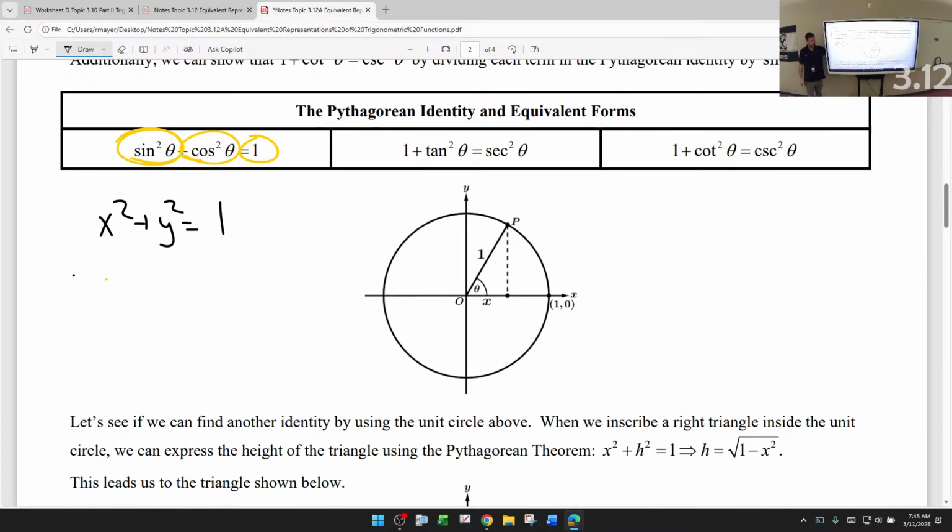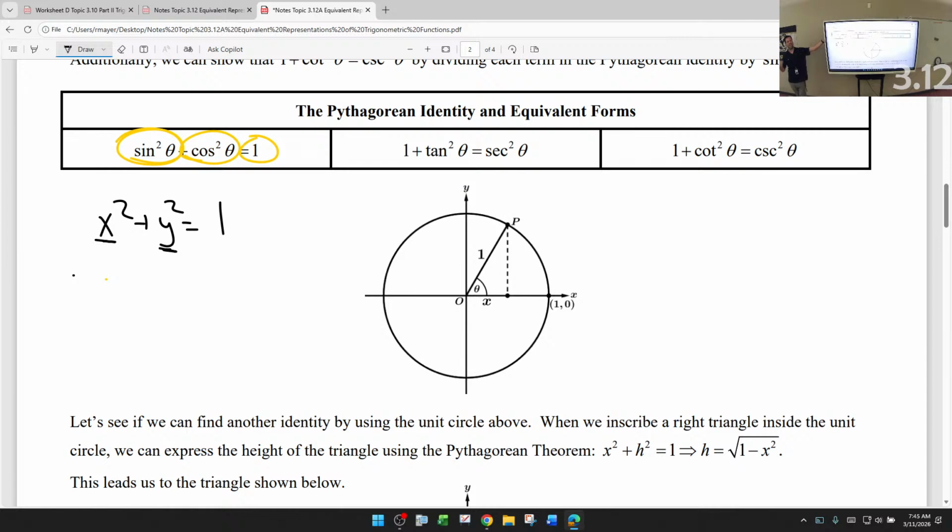Well, x goes with cosine, and y goes with sine. For some reason they put sine first instead of cosine, but it doesn't matter because addition is commutative. You can do sine squared plus cosine squared or cosine squared plus sine squared either way, and you get the same thing. So sine squared plus cosine squared equals 1.